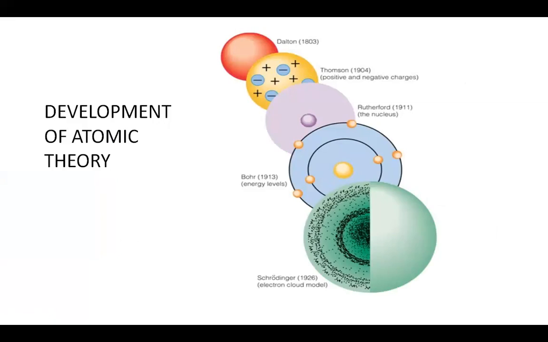In 1926, Schrödinger introduced the electron cloud model. So this is the atomic theory, how it developed year by year. We'll discuss all the parameters of Bohr's theory and the other theories in much detail in our next session.